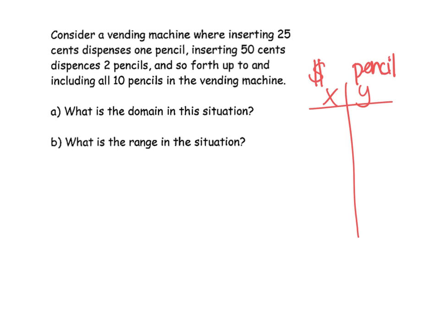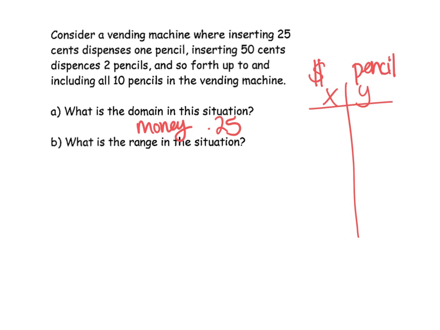It's going to be my x value. It's going to be my domain. So I'm going to say that the domain is going to be the money. That would be like the 25 cents.